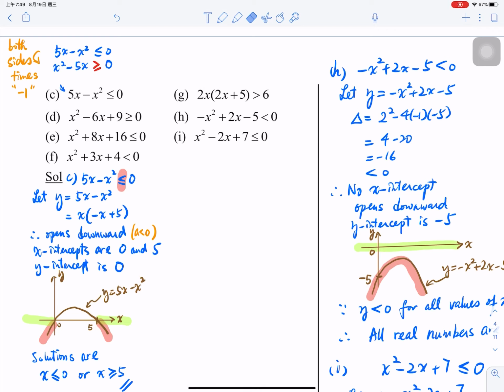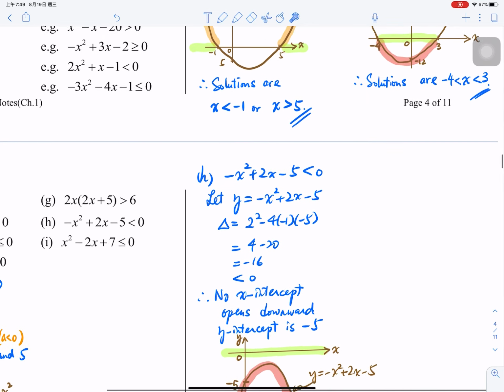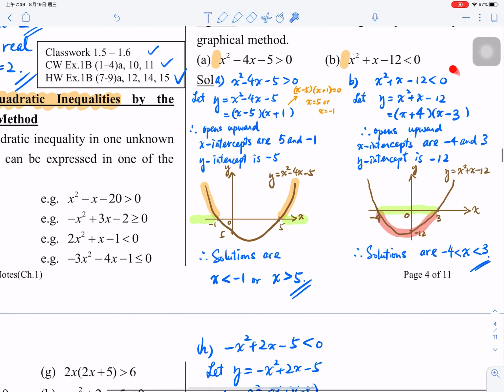Change the inequality to a greater than 0, then you can get the solution. And remember, there are two cases, greater than or smaller than. Greater than, that means two sides of the x-intercepts are the answers. If smaller than 0, the answers are in between two x-intercepts. Hope you can remember this one, okay? Later on, we'll talk about D and the others.